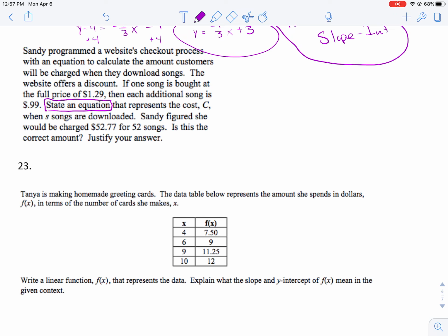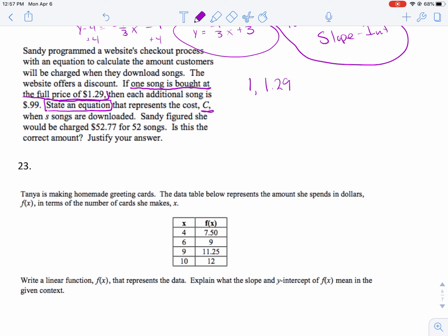In order to find our equation, we need to first figure out what that equation is. So let's take a look at what we have first. If one song is bought, we have the full price of $1.29.